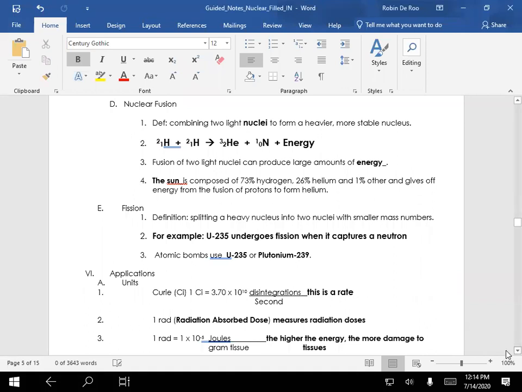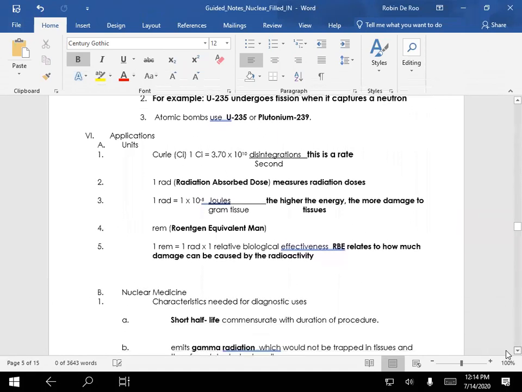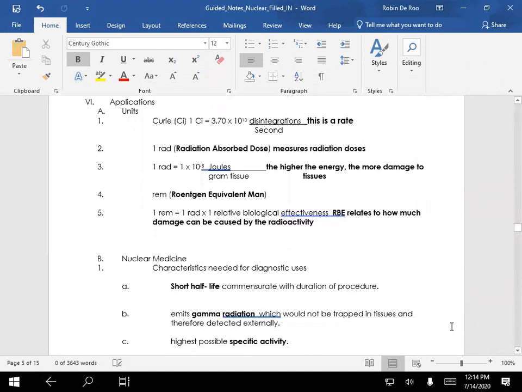So looking at applications of radioactivity, we have the Curie, which is 3.7 times 10 to the 10 disintegrations per second. It's a rate.